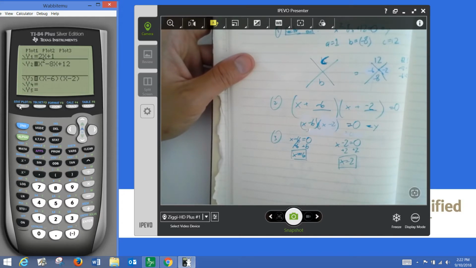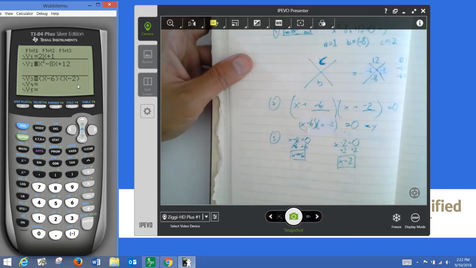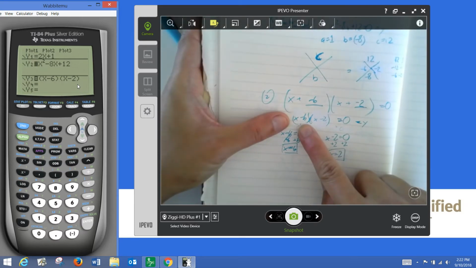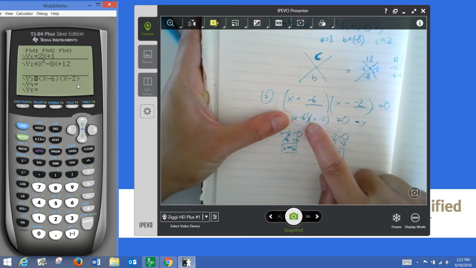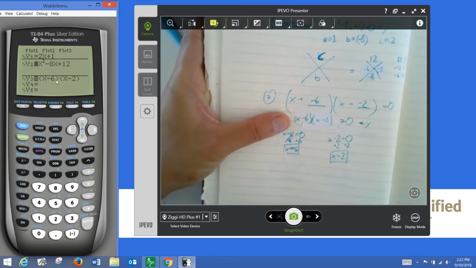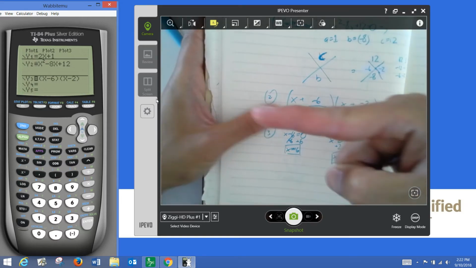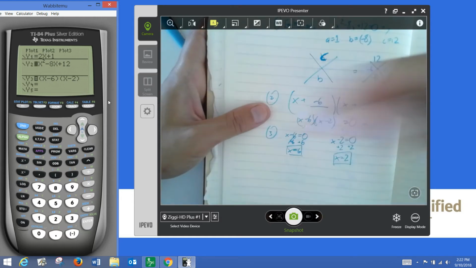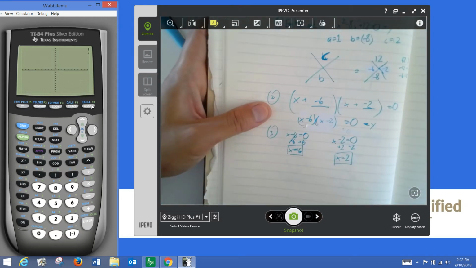I went to y equals, turned off the second graph, and only left it this way. So this is what we had: x minus 6 times x minus 2 is equal to 0. Let's go graph this.